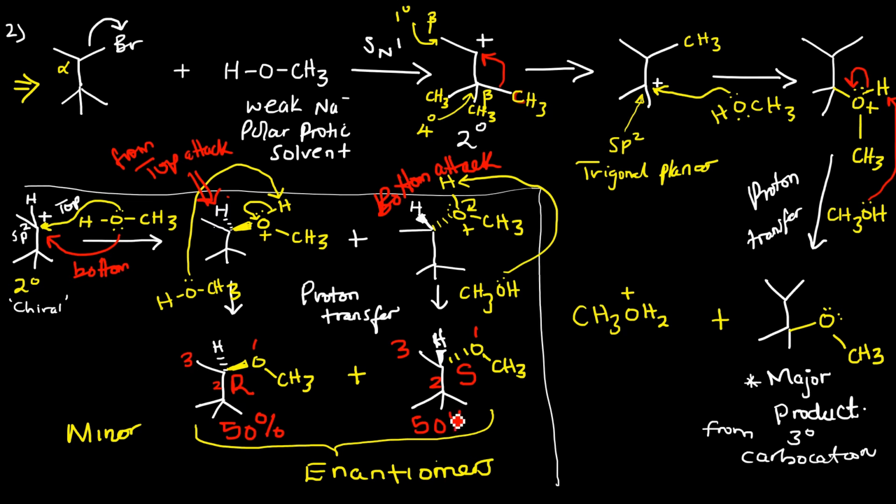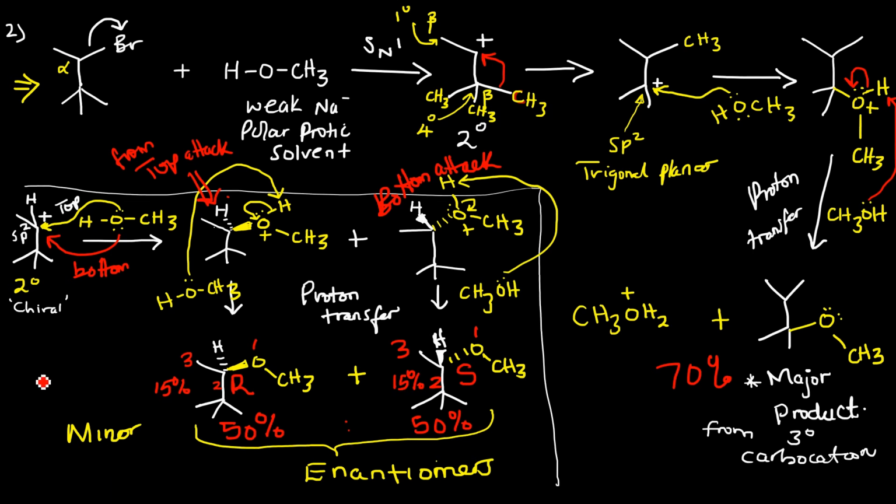So let's say these minor products. Okay, let's first say this. Let's assume the major product from the reaction was 70%. Then each of these will be 15 and 15, which is 50% of the 30, 50-50 equal mixture, or 1-to-1 mixture.